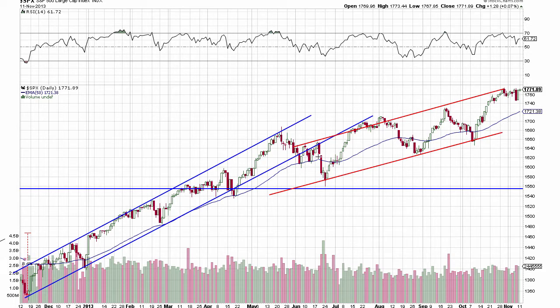So the blue channel that you see on the left side of the chart, that's the market trend we were in from late 2012, and it lasted all the way up until May of 2013. It broke out of that nice tight upward channel shortly after the Fed chairman, Ben Bernanke, announced that the Fed would start tapering off their bond buying.